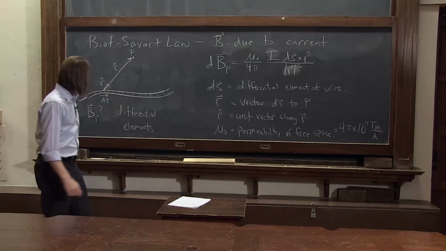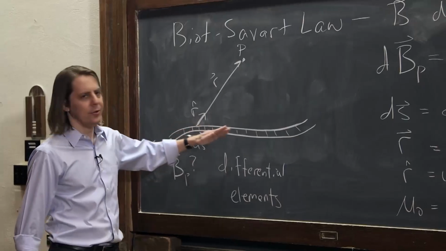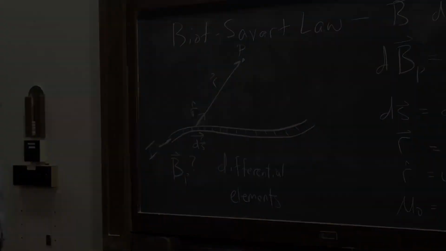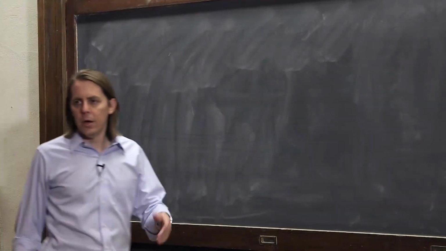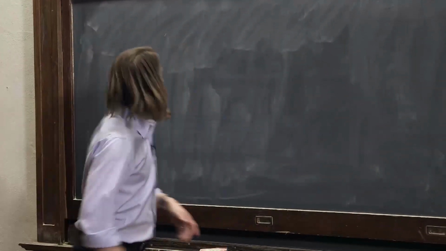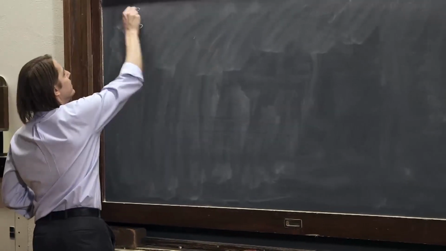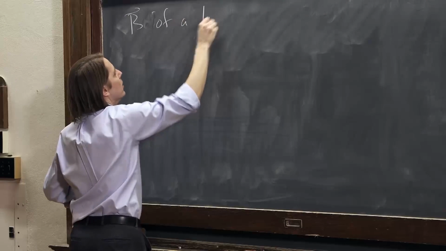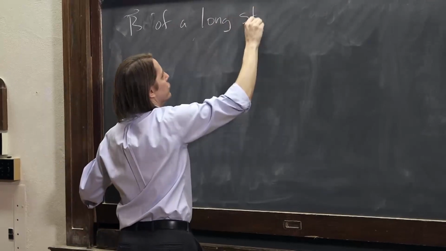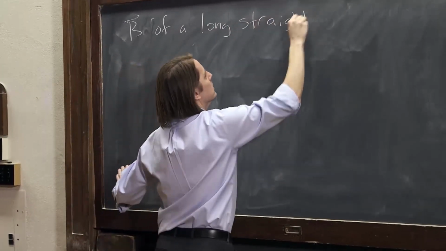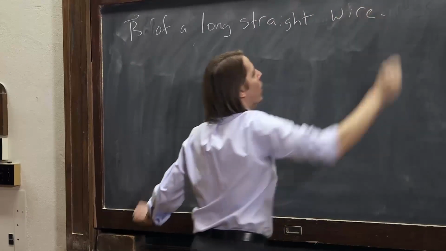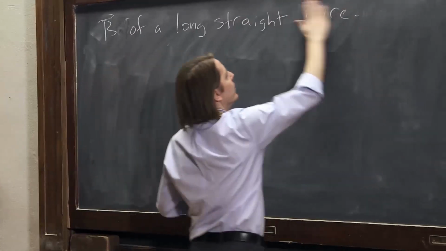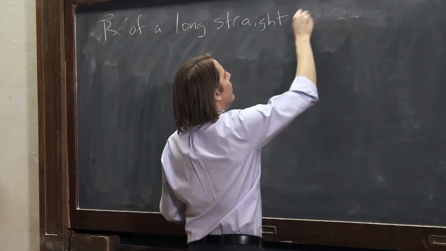So now what we're going to do is keep going and think about how to do this integral. Let's use the Biot Savart law to get the B field of a long, straight wire. I'm sorry, a long straight current. We're always going to use the word current rather than wire.